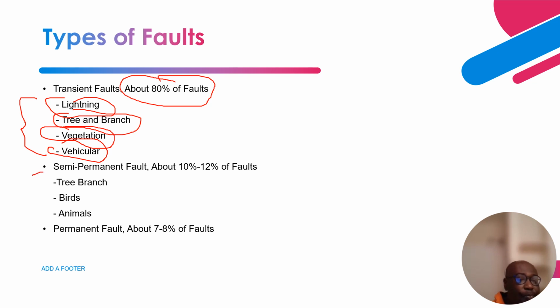So next is the semi-permanent type of faults, which is about 10 to 12% of the faults that occur. Right? A typical example is a tree branch, right? So you have a tree branch that can lean on the feeder conductors and stay there.